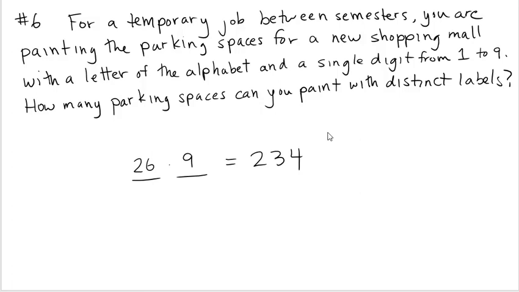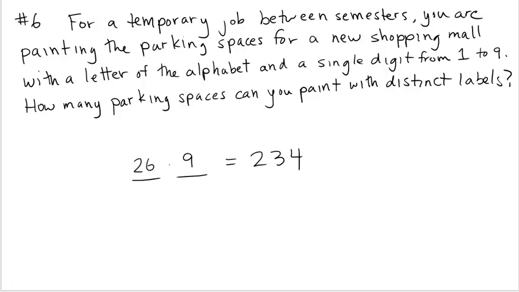But if you have more options, like suppose this shopping mall had 360 parking spaces, well, then this coding system isn't going to work because it can only do 234 total options. And so this is stuff that people have to think about in the real world. Maybe you don't find it very interesting in this specific example, but it's something that people have to do.